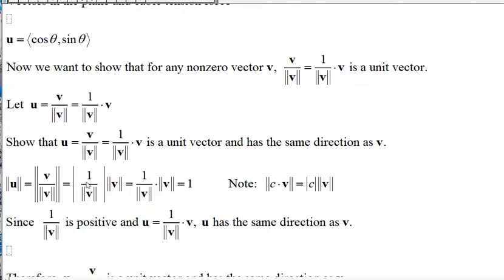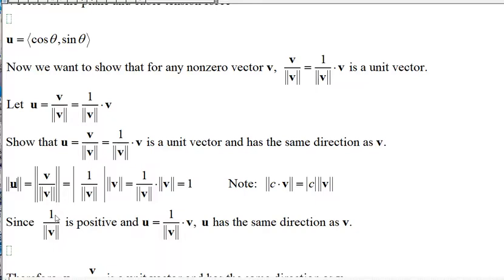And therefore 1 over the magnitude of v is a positive constant. And so we can write this as the absolute value of 1 over the magnitude of v times the magnitude of v. And 1 over the magnitude of v times the magnitude of v is just 1.